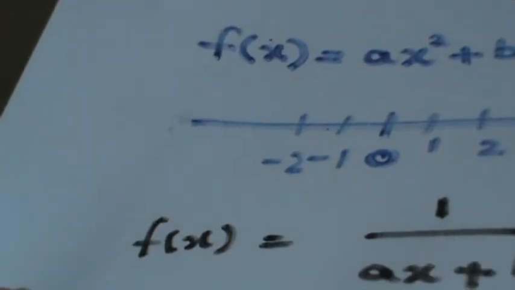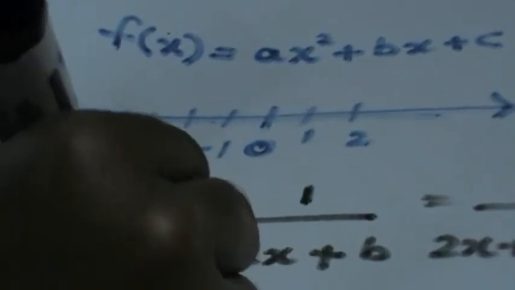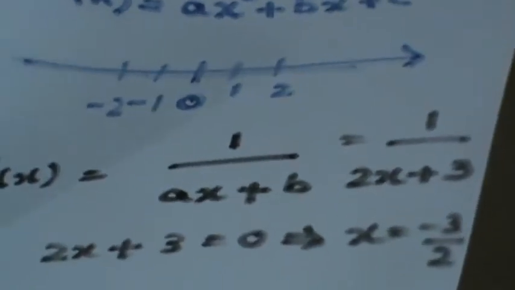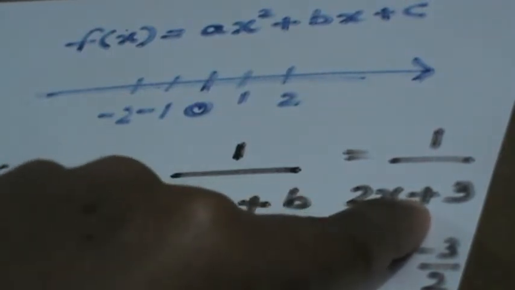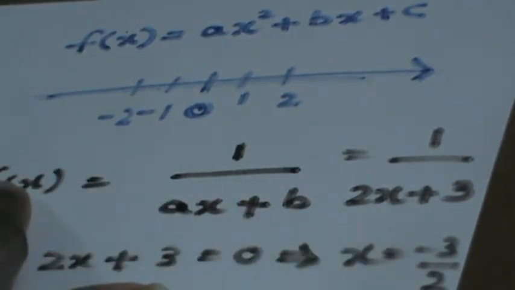When 2x plus 3 is 0, that means x equals minus 3 by 2, or minus 1.5, I get 1 upon 0, which is infinity. Infinity is actually not a real or rational number. So what we say is that when x is minus 3 by 2, f(x) cannot be defined.